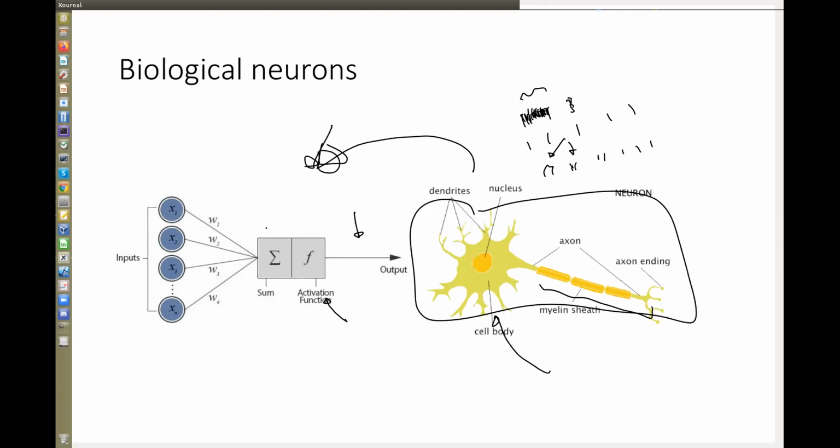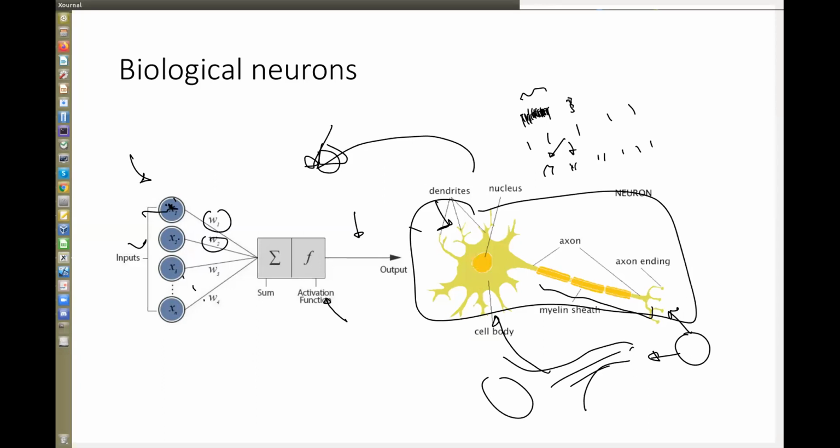To model that, you can think of each input here as you getting chemicals from elsewhere, right? You have multiple neurons getting into that axon ending, and then you have another neuron. You can collect from these neurons or from this neuron, and then you collect some signal here, and this signal will be weighted.